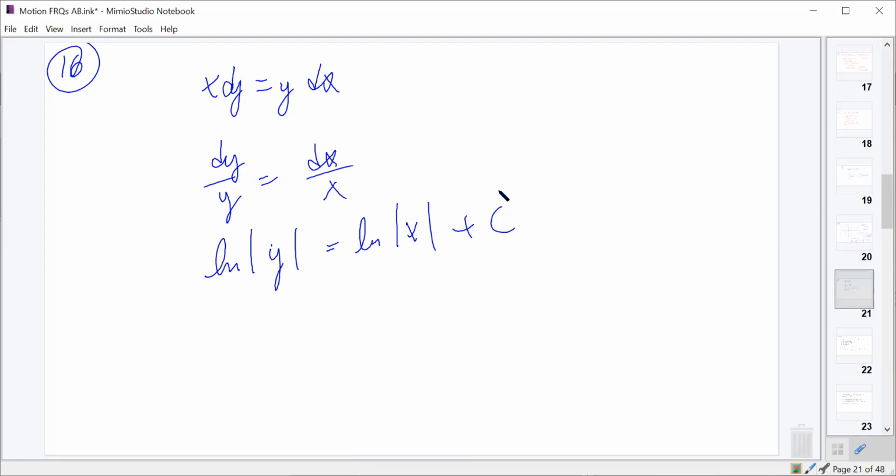And if we were to solve this for y, we're going to end up with e to the natural log y, e to the natural log x plus c, which just gives us y equals e to the c, which is some constant out in front, times x, and this is just a number times x.